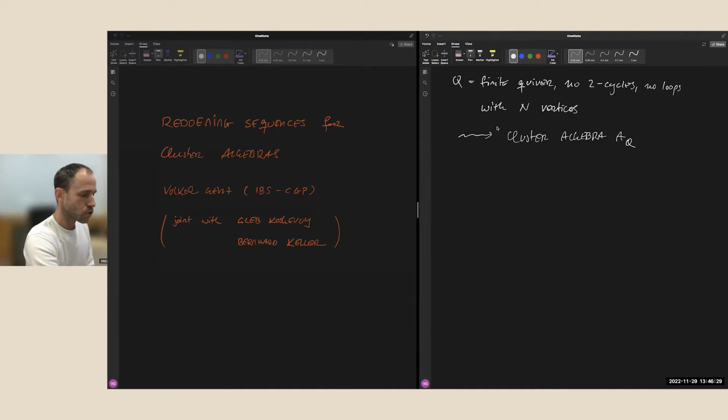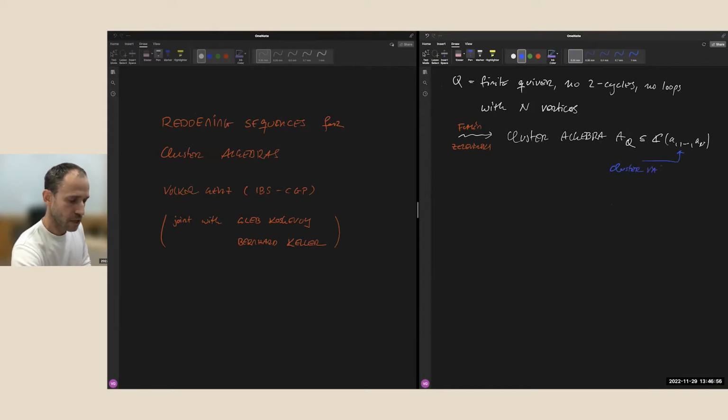This is due to Fomin and Zelevinsky. The cluster algebra lives inside the field of rational functions in n independent variables called cluster variables. So we have one cluster variable for each vertex in our quiver.